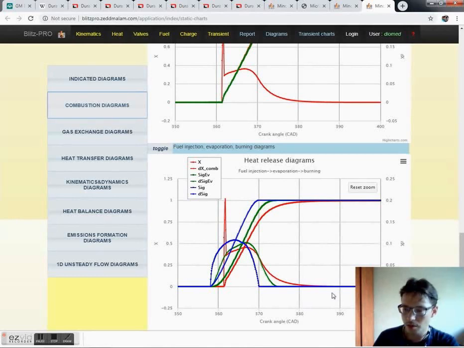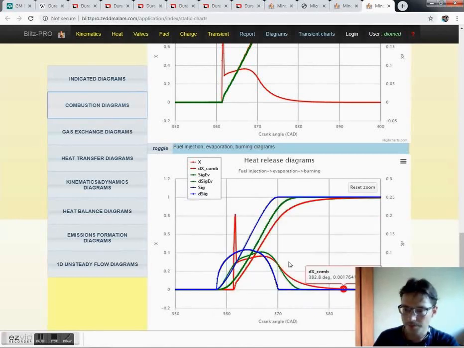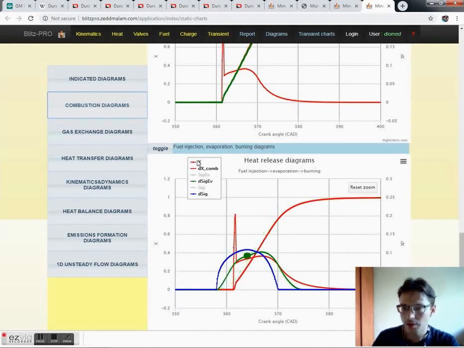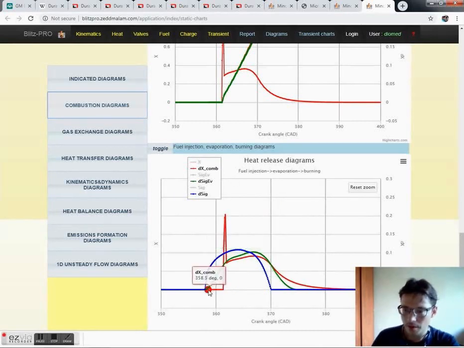Let's hide the values of integral data, and let's just analyze the speeds. This blue line shows the speed of fuel injection, or the relative fuel injection.